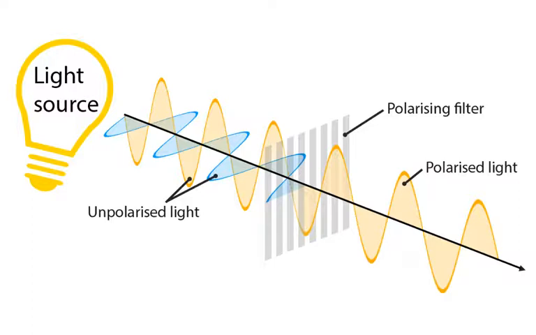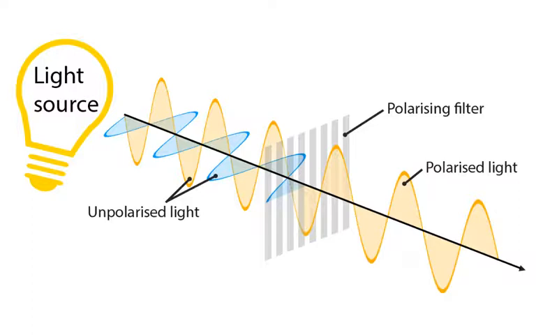So the light emitted by the sun, or by a lamp in a classroom, or by a candle flame, is unpolarized light. Such light waves are created by electric charges that vibrate in a variety of different directions, and the electromagnetic wave vibrates in a variety of different directions as well.